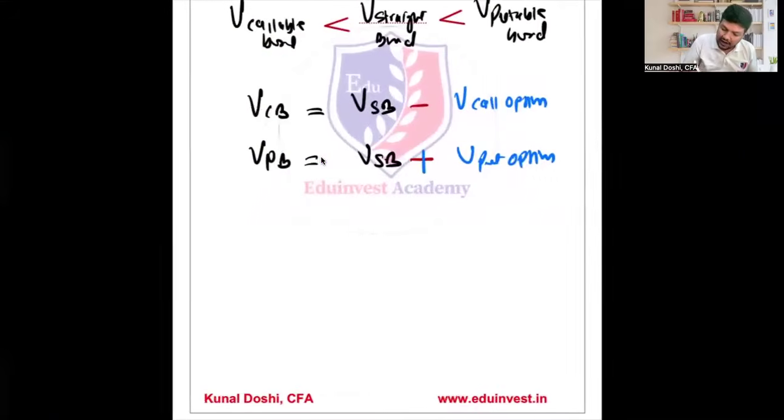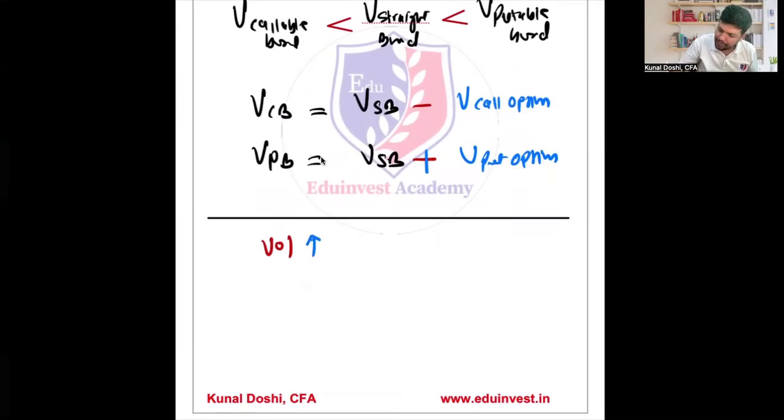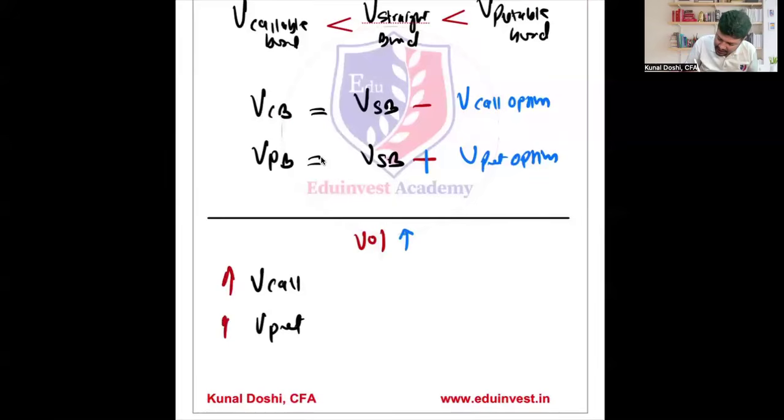Got it? So I will write here, even though we have written much detail later on. Whenever the volatility increases, volatility being the friend of the option, the value of the call and the value of the put option will both increase.